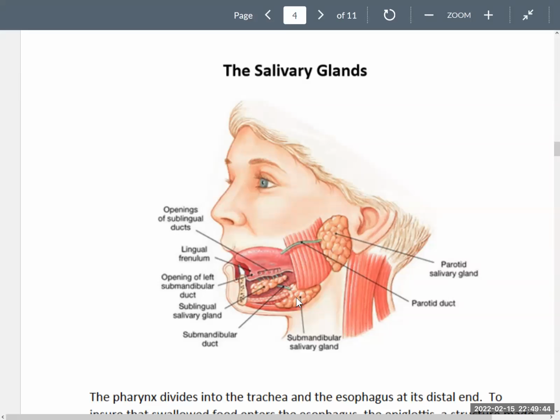On this side, it's paired. The submandibular duct drains it. That's also known as Wharton's duct, which you'll see in the reading. Again, if I were to ask it, I would give you both names. And here are the salivary sublingual glands underneath the tongue.